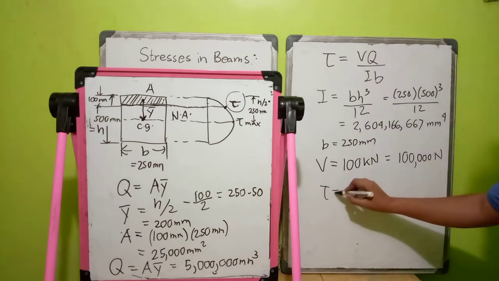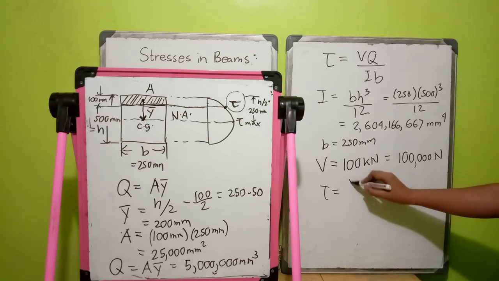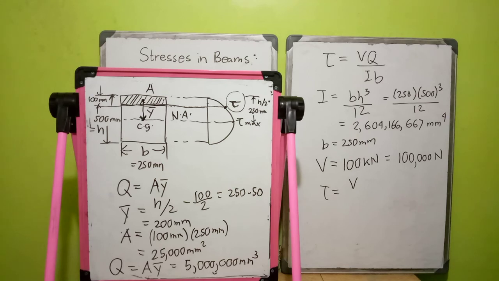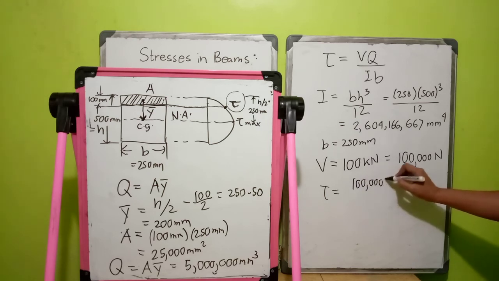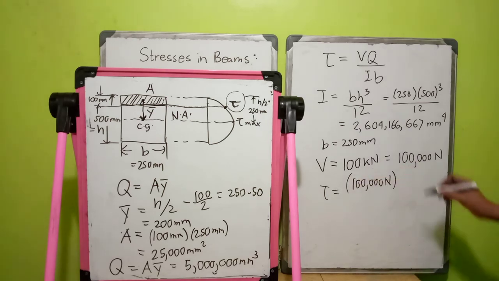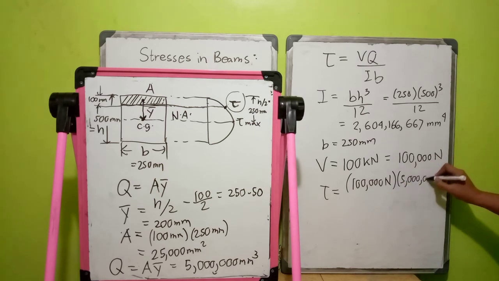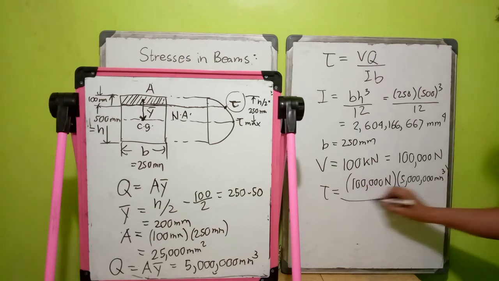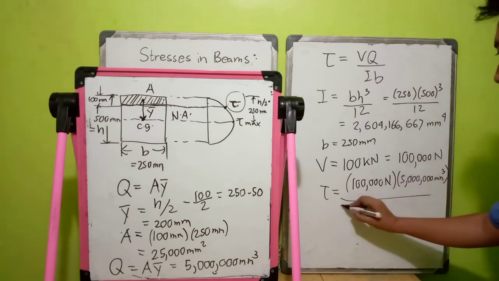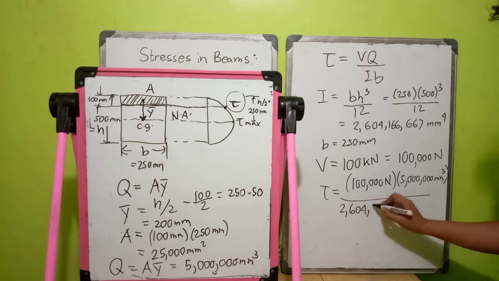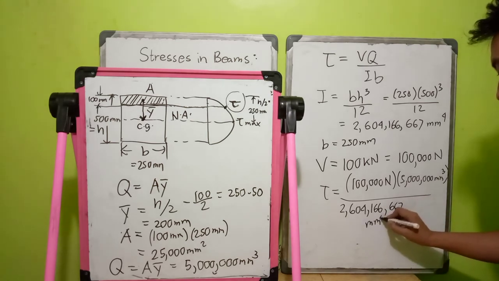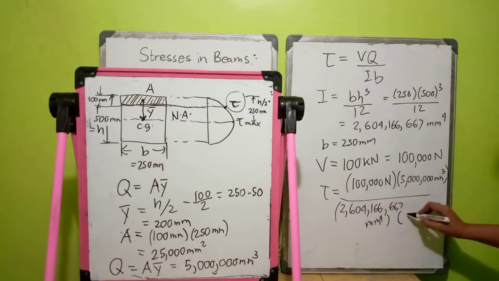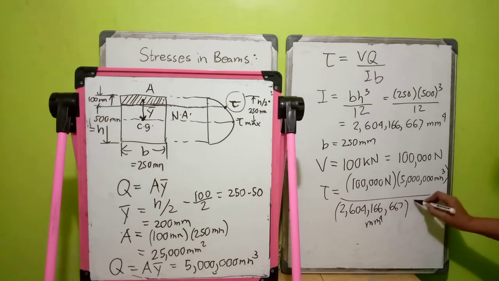So we can now compute our shear stress at that portion. Therefore, V, which is 100,000 Newton, times Q, which is 5 million mm to the power of 3, divided by I, which is 2,604,166,667 mm to the power of 4, multiplied by b, which is 250 mm.